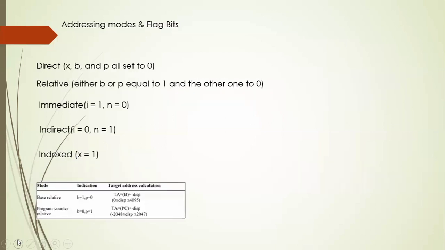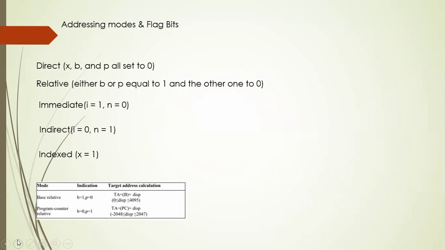Now we'll see a very important topic, that is the addressing modes. These addressing modes and flag bits are very, very important. So we'll see what these flag bits and addressing modes stand for. The first one is direct. In direct, X, B, and P are all set to 0, and in relative, either P or B is equal to 1 and the other one is equal to 0.